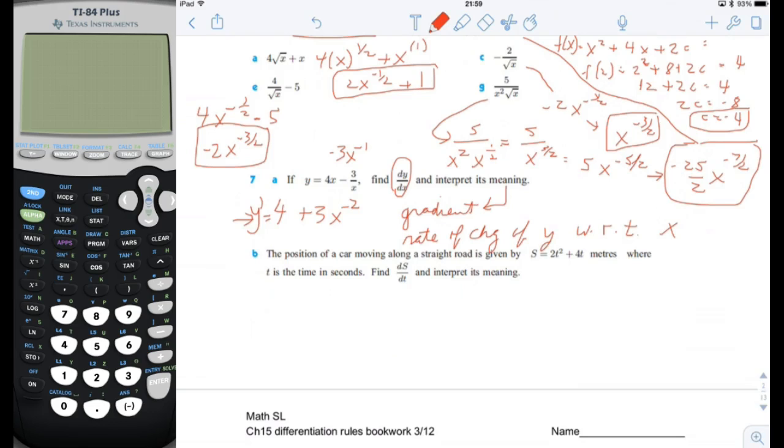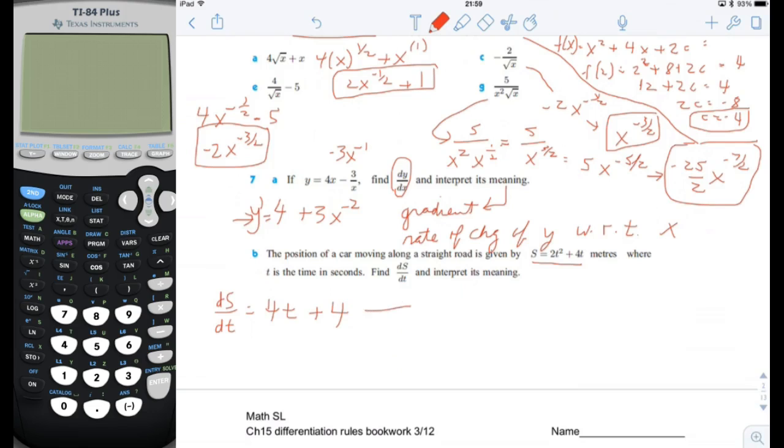The position of a car moving along a straight road is given by s equals 2t squared plus 4t meters, where t is the time in seconds. Find ds/dt and interpret its meaning. Again, for ds/dt we're just looking for the derivative, and so the derivative is going to be 4t plus 4, using the power rule. How do we interpret this?